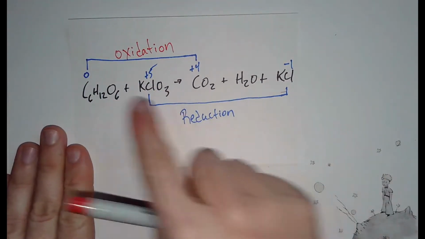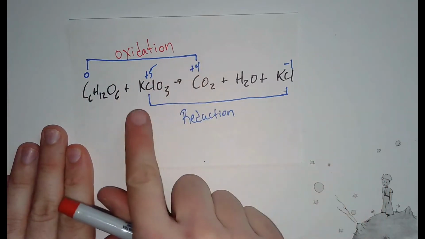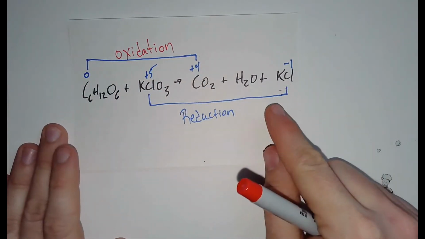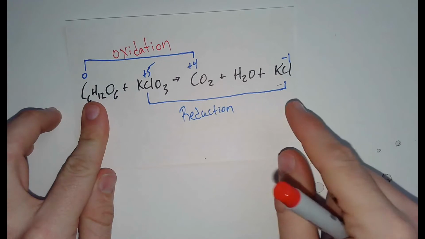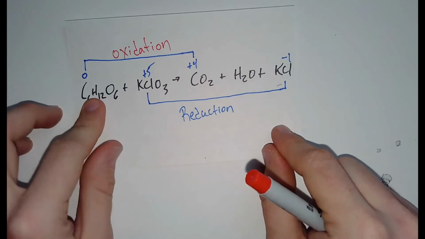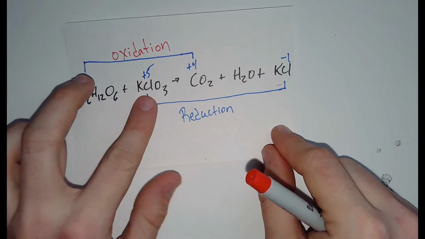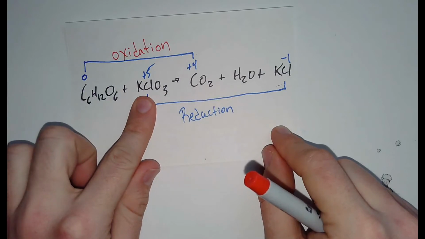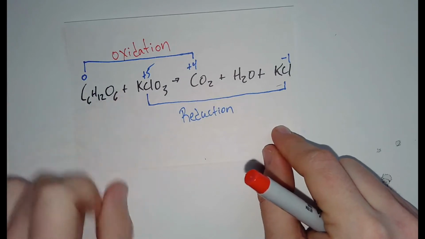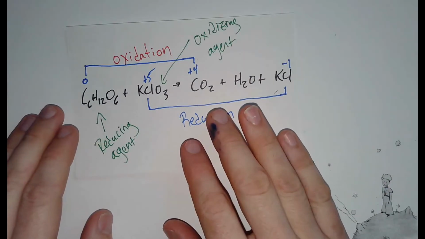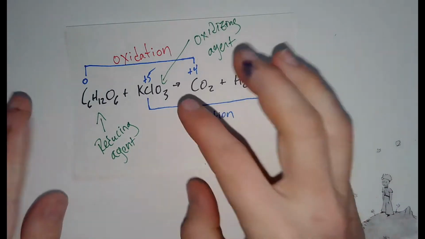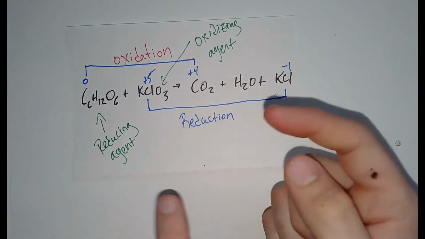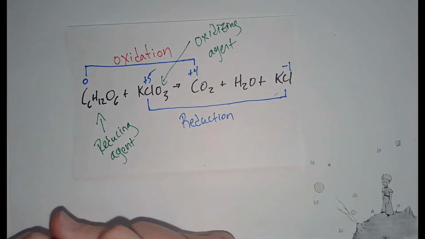So, knowing that this is undergoing oxidation and this is undergoing reduction, is the sugar the reducing agent, or is the potassium chlorate the reducing agent? I want to point out again that we're only really looking at the stuff at the beginning, before the arrow.